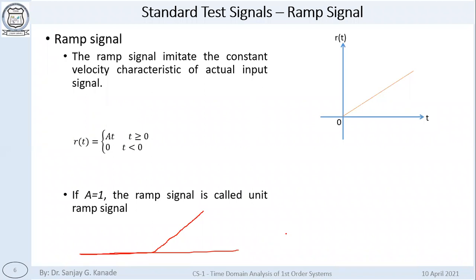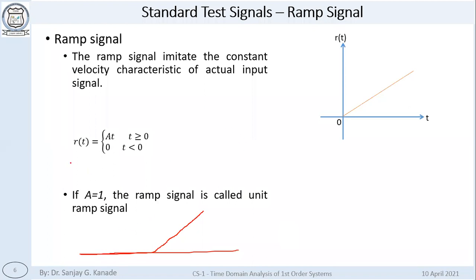He does it very slowly with a constant speed or constant velocity so that no one notices him. This is also a characteristic of input signals. Sometimes some input signals can also be in this way.